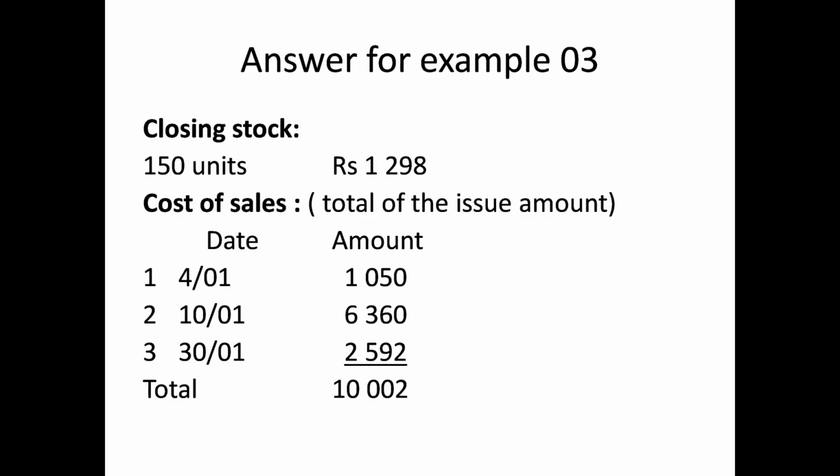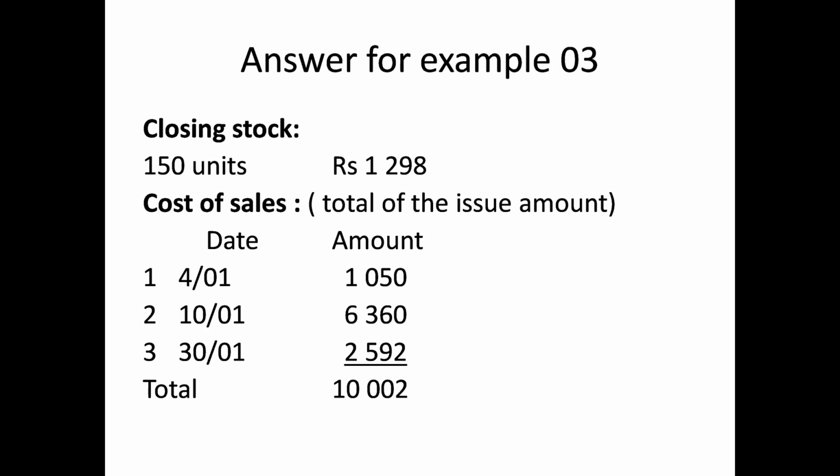Now you need to write down the closing stock and cost of sales. Now look at my answer. Closing stock. Go to the end balance of the balance quantity and amount columns. Closing stock 150 units and the rupee value is 1298 rupees. Now you need to calculate the cost of sales. The first issue you have done on 4th of January.